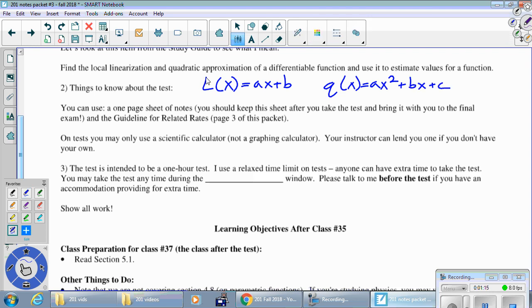And the process would be to take, I'll just do this quadratic one, the first and second derivatives of this thing, and plug the specified number into all three functions, that's the original and the two derivatives we just took. The number is going to be specified in the problem. Then completely separate from that, you do the same thing with the original function that was given to you.